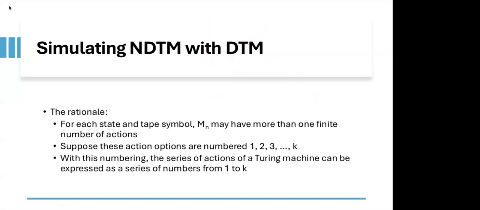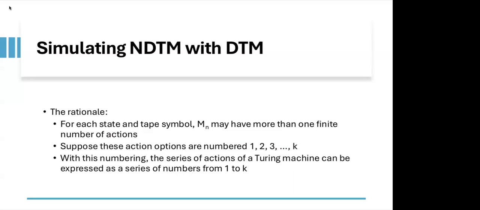Let's say for one pair of state and symbol, we have k possible actions. So we number them, and with this numbering, the series of actions of the Turing machine can be expressed as a series of numbers from 1 to k.